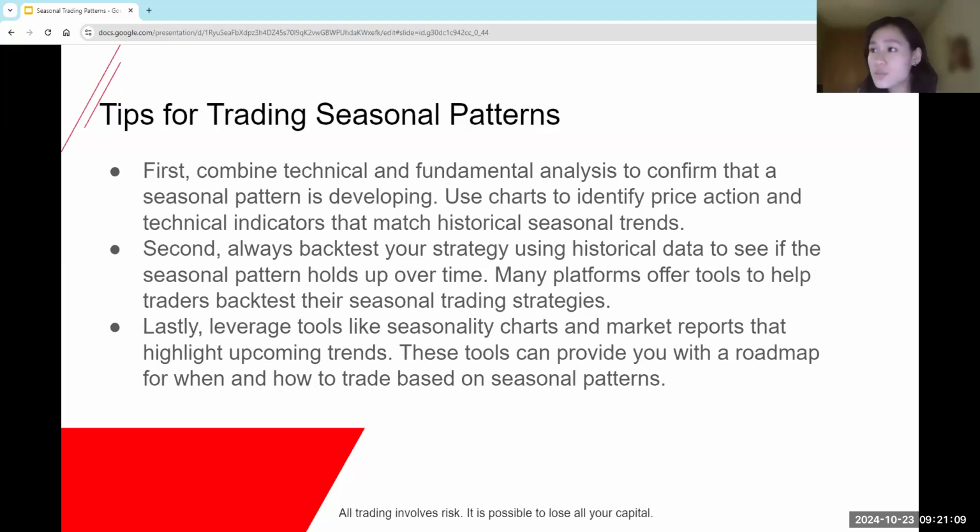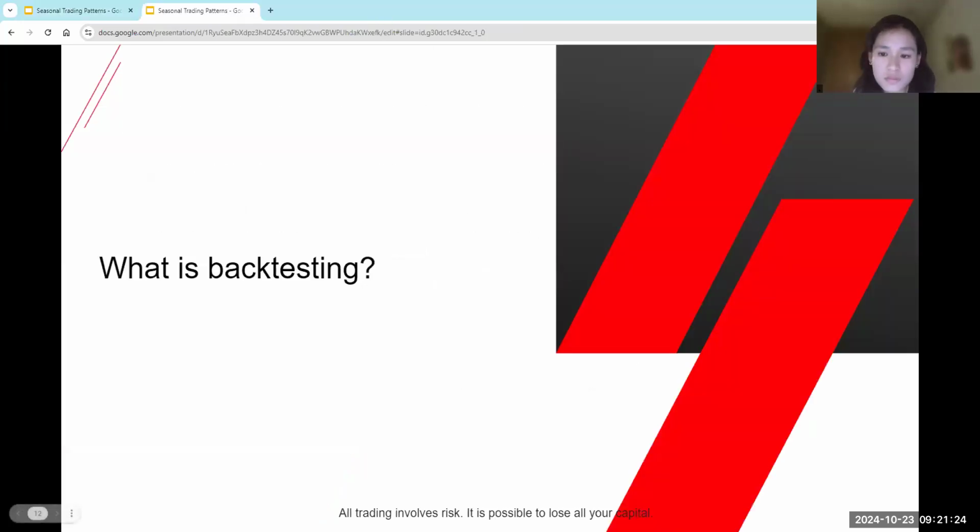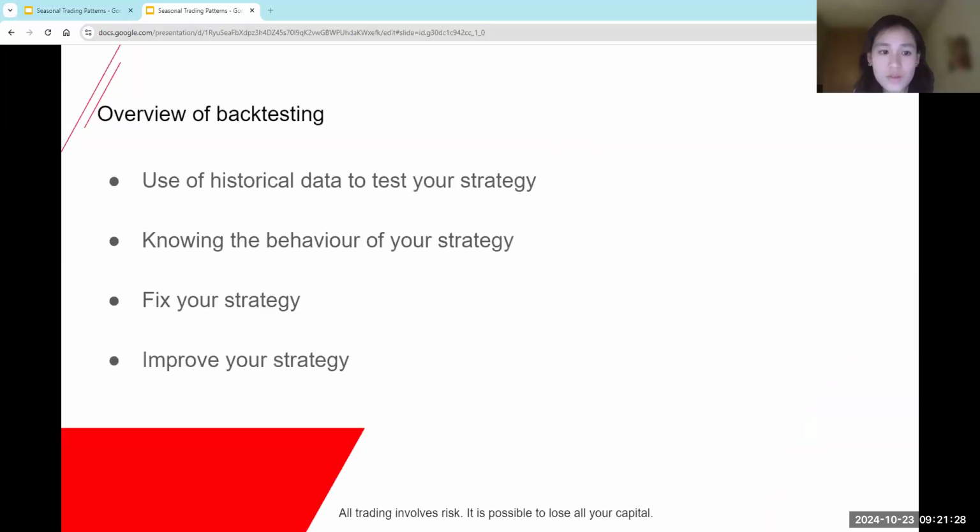Okay, so I talked a bit about backtesting in this second point, so I just want to dive a little bit into that. Okay, so what exactly is backtesting?